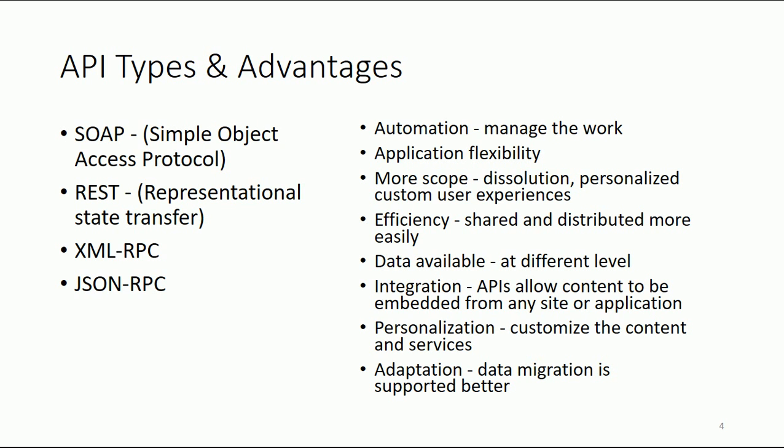APIs allow content to be embedded from any site into our application. For example, you have the application, you want to show some information on one website, and you want to show other limited information in another system or another website. At that time integration can be done very easily.